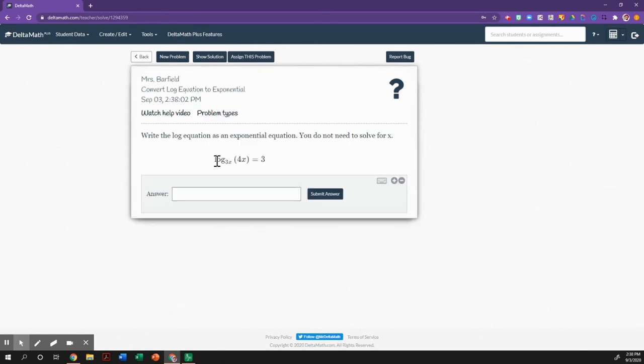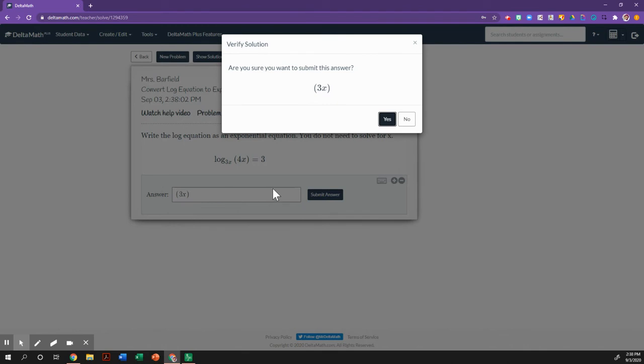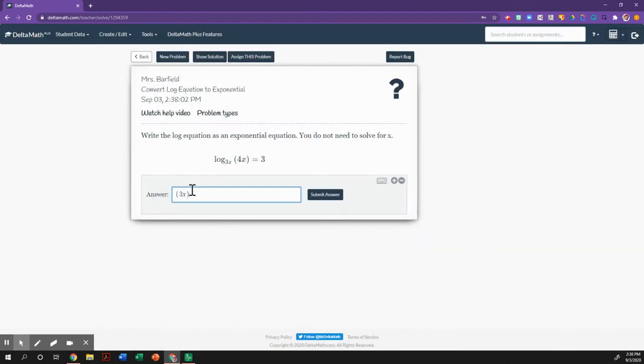Now let's go with our last one. So log base 3x of 4x equals 3. Now I have an exponent of 3, so I don't want the exponent to be attached to the 3 or to the x. I want to put that in parentheses because that whole base is going to be raised to the third power equals 4x.